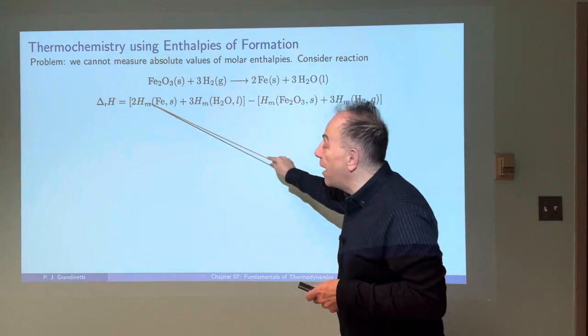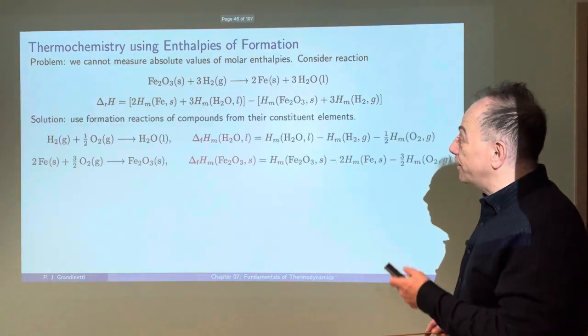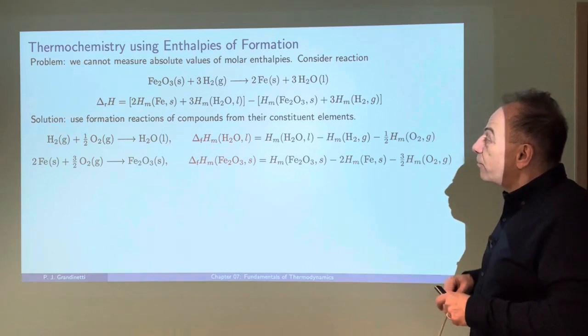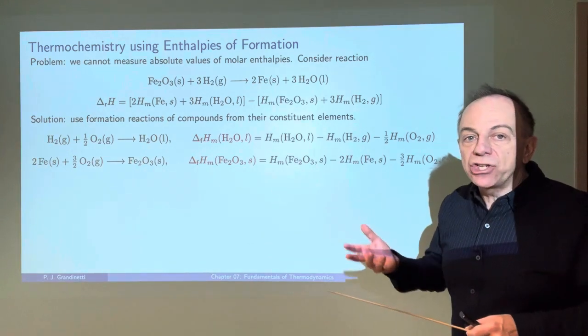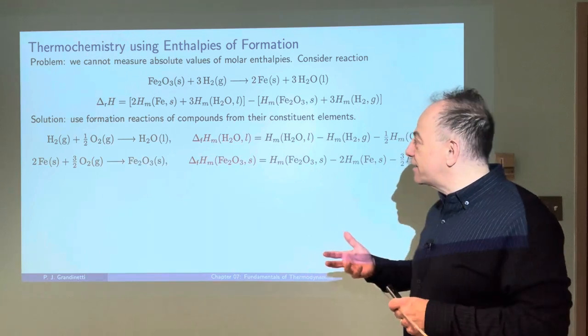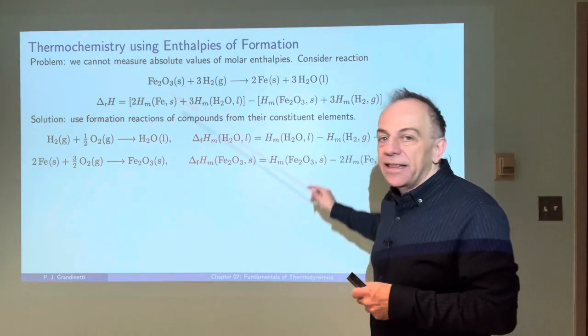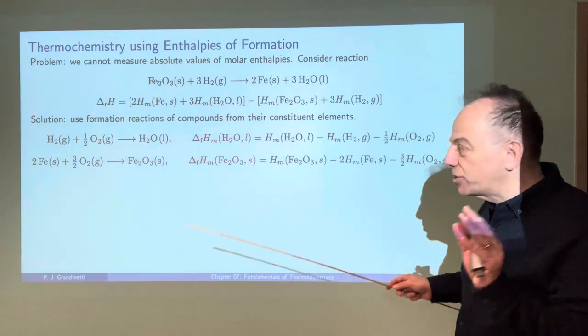So these are all absolute molar enthalpies. But what I can do is use the reactions for the formation of substances from their elemental states, and use that to eliminate these absolute molar enthalpies. So let me show you how that's done.